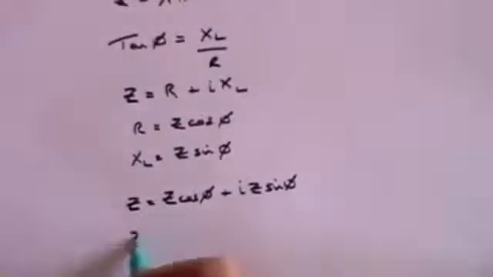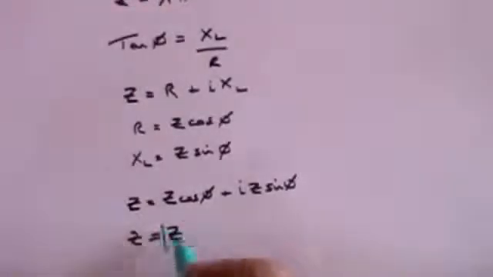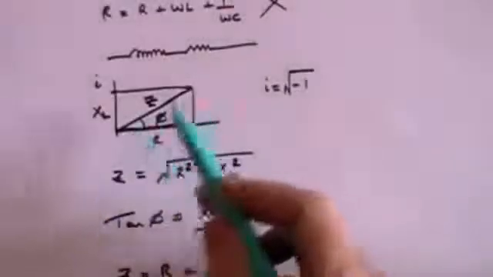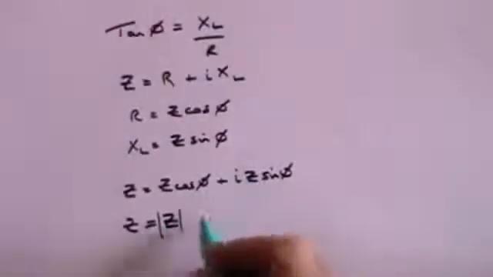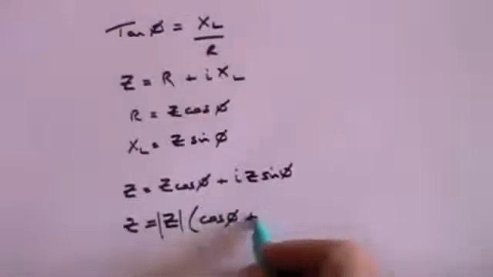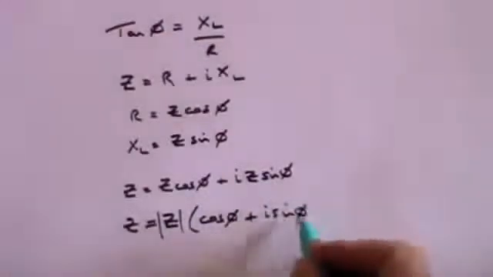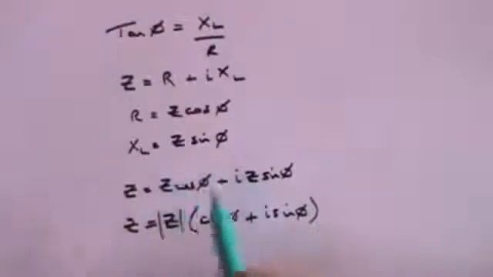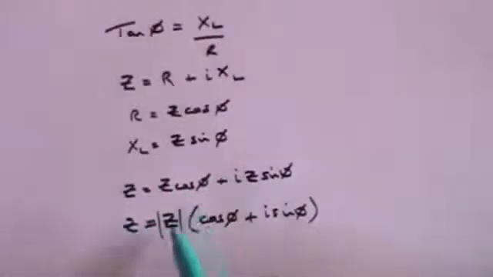And that means that Z is equal to the modulus of Z, that's what these terms actually are, the length of the value of the impedance, times the modulus of Z into cosine phi plus i sine phi, because I've taken the Z's out both sides. So the total value of the impedance is equal to the modulus of the impedance, the value of its length, times cosine phi plus i sine phi.